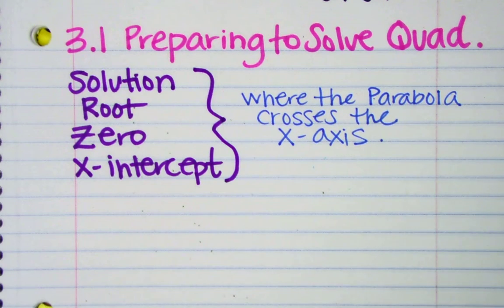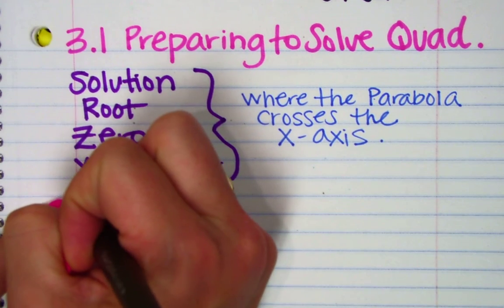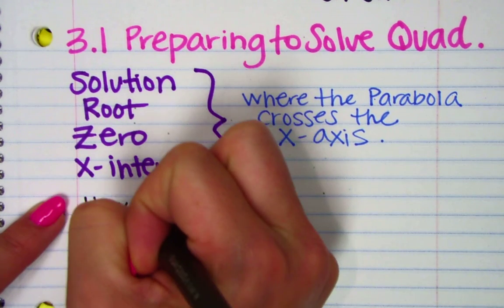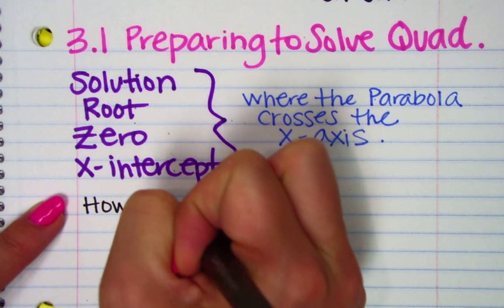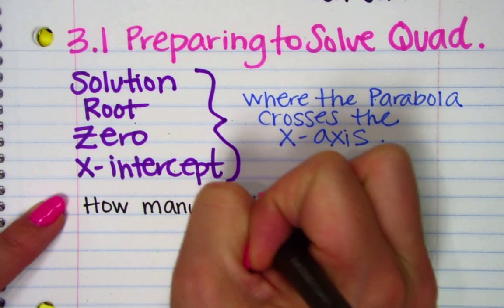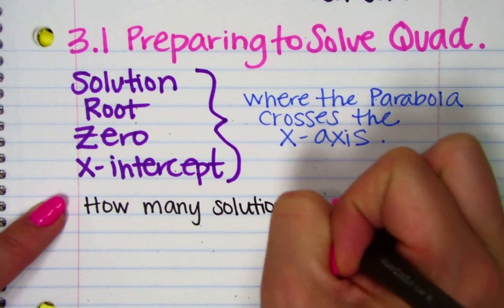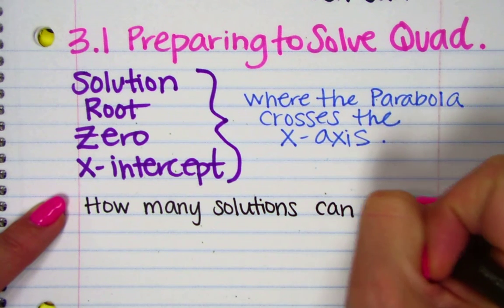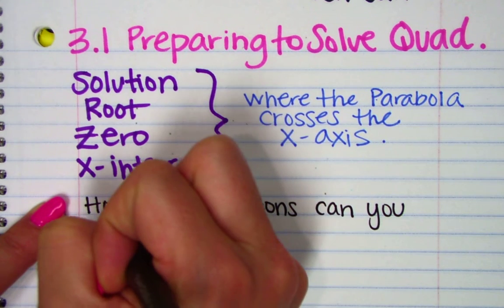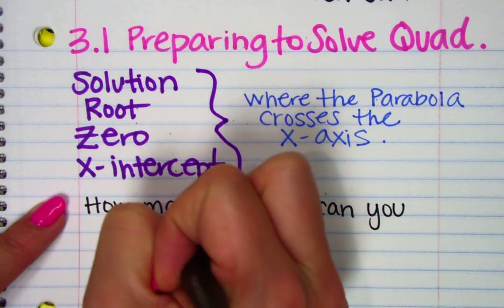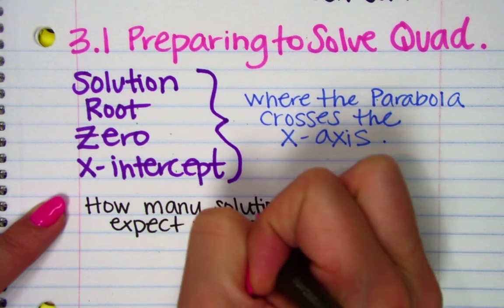So first of all, we're going to just go back to basics. I'm going to ask a question. How many solutions can you expect to see? At least 2.